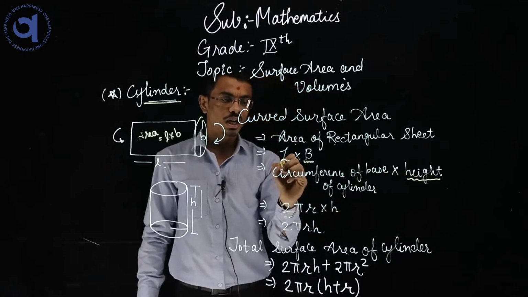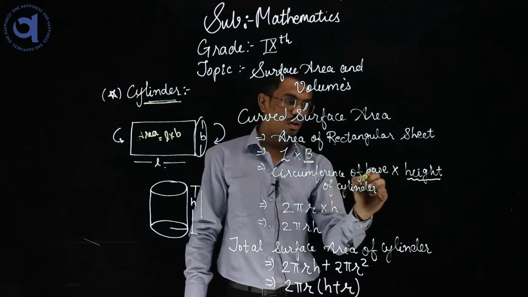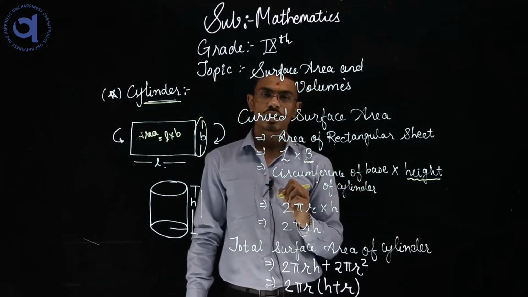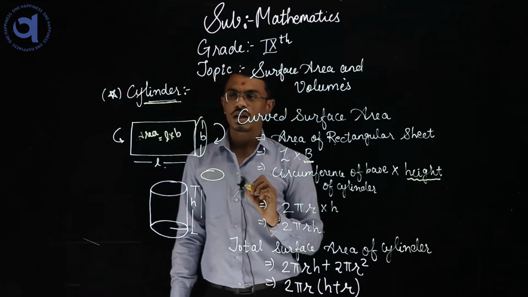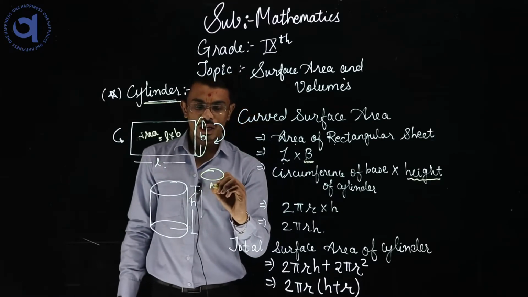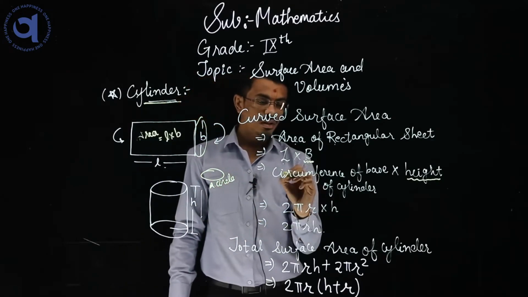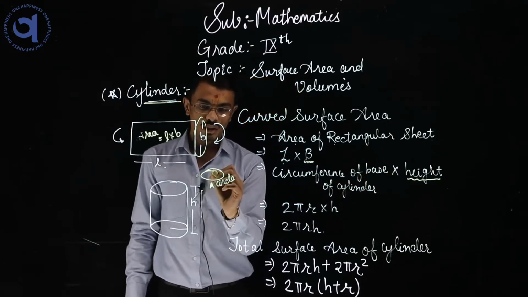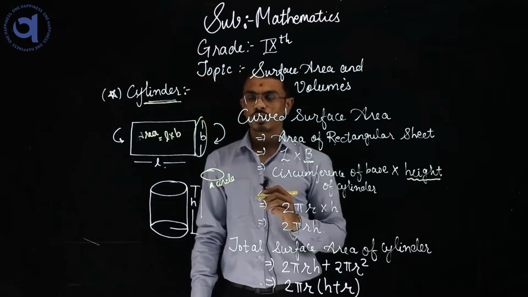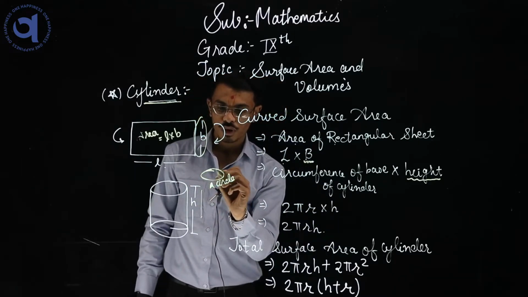Now the remaining part is length, and I already said that length is converted into the circumference of the base of a cylinder, and the base of a cylinder is obviously a circular part. So we would take the area of a circle, but the cylinder is open, so we only have to consider the boundary points.